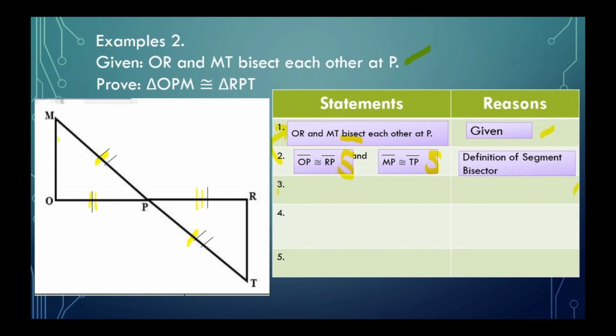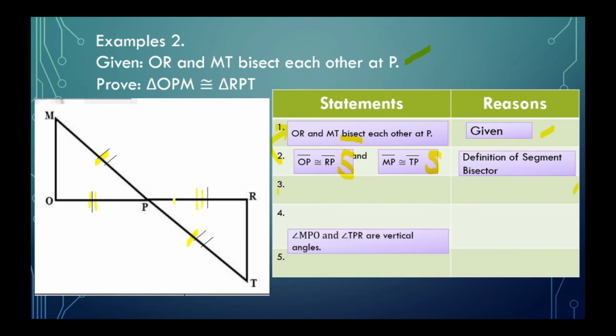So, if we are going to write MO is congruent to RT, tanong, may basis ba tayo na isulat yung statement na yon? May reason ba tayo na pwede nating ilagay based on a property, theorem? Now, kung wala, doon tayo sa isa, sa SAS. So, ang missing natin is angle. Question, what is the included angle of these two congruent sides?